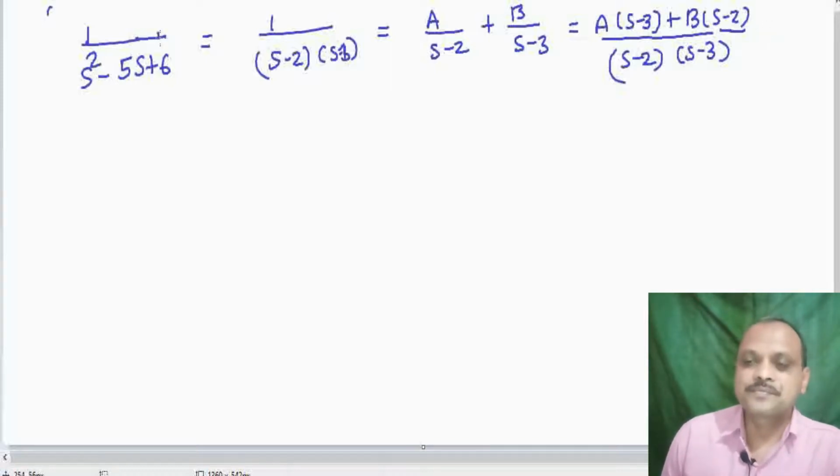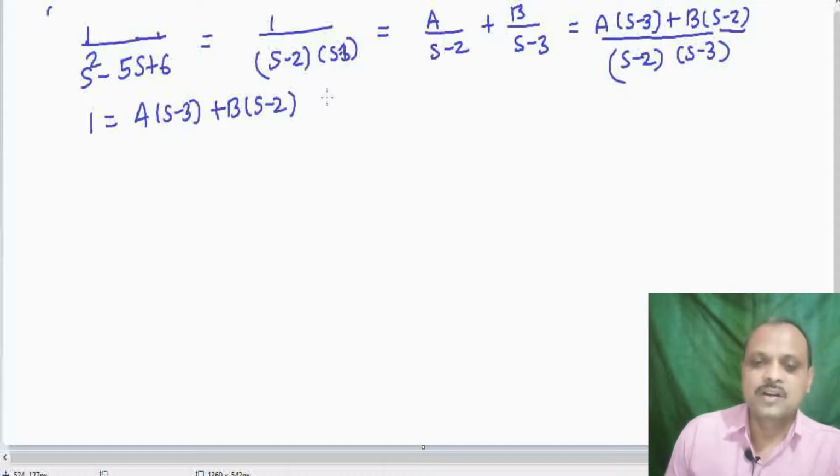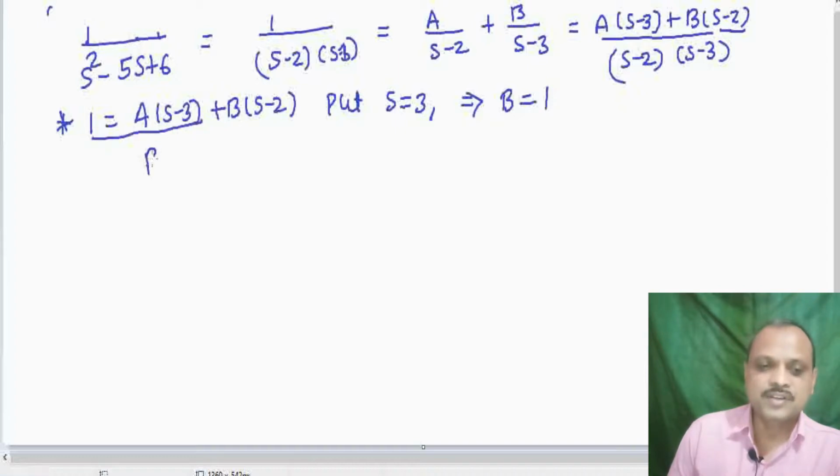So this is the partial fraction method, and we get 1 equal to A into (s minus 3) plus B into (s minus 2). Now we have to find the values of A and B. Let us put s equal to 3. Whenever we put s equal to 3, we get B equal to 1. Again in this expression, star, let us put s equal to 2.